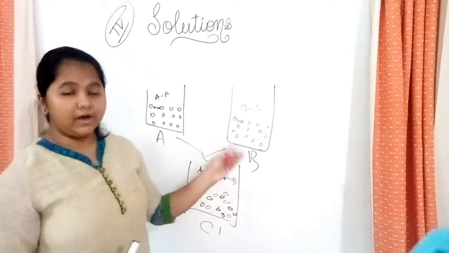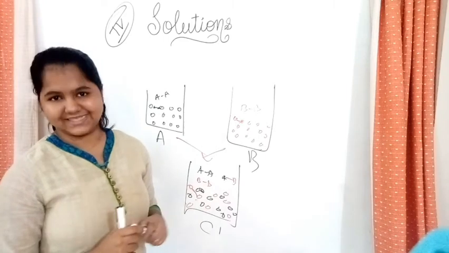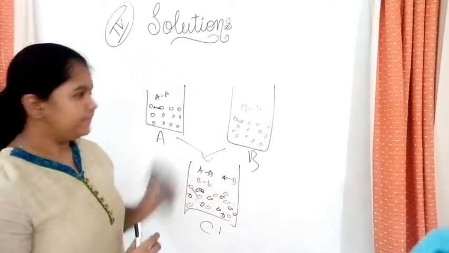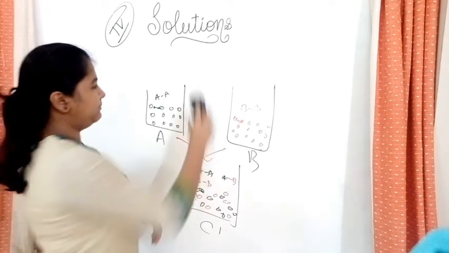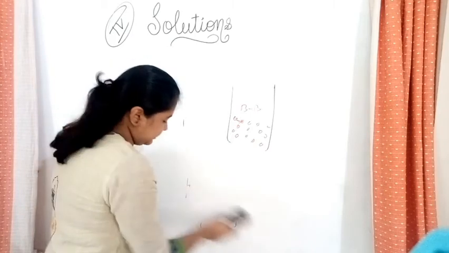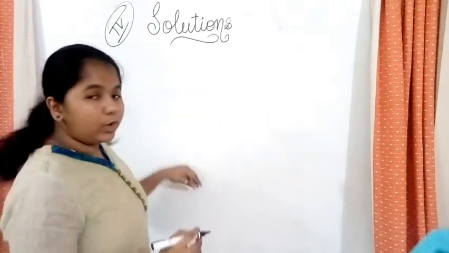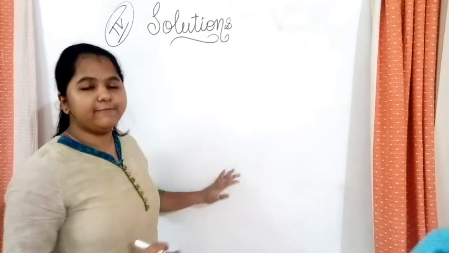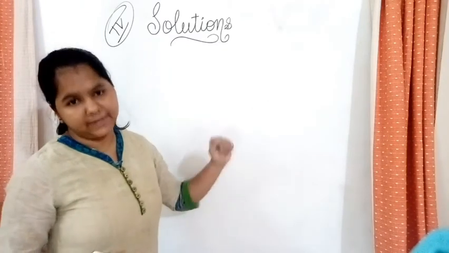In the case of non-ideal solutions, we will discuss it later. Before that, I will give you an example. An example of an ideal solution is a mixture of n-heptane and n-hexane. As discussed earlier, AA interactions and BB interactions are in the pure components, and in the solution comes AB interactions.